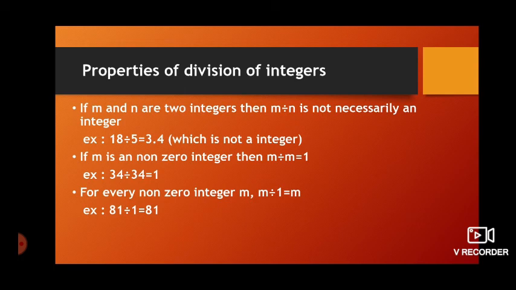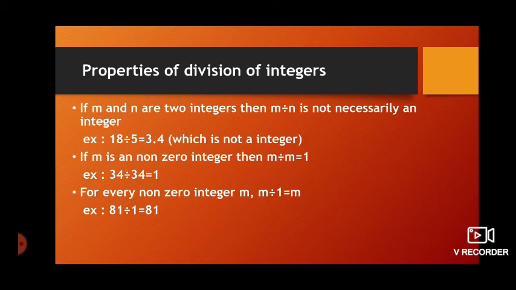Next, if you divide any integer by the same integer, then automatically you will get 1. If m is a non-zero integer, then m divided by m is equal to 1. It will be applicable for all integers. Here, for example, 34 divided by 34 is equal to 1.